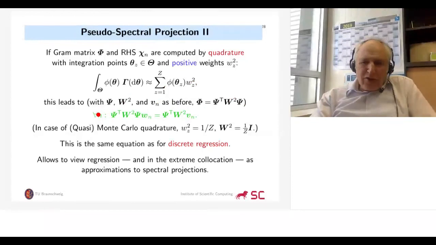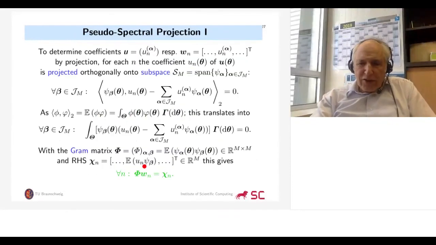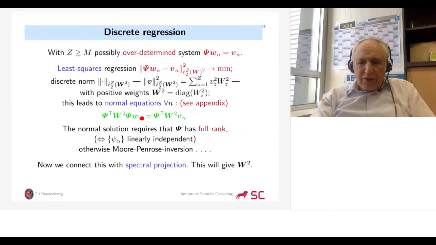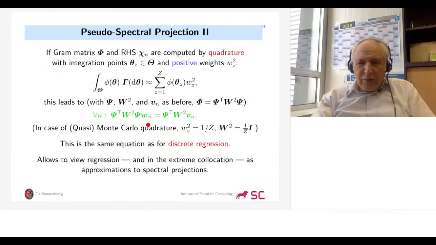So the equation I have to solve for every n actually looks like this. And now if you go back, this looks like discrete regression. So this is a way to obtain these weights here. The weights are just the quadrature weights of this quadrature rule. And that's called pseudo-spectral projection. If we take Monte Carlo or quasi-Monte Carlo points, then all the weights are equal, and the matrix W is just 1 over Z times the identity matrix.